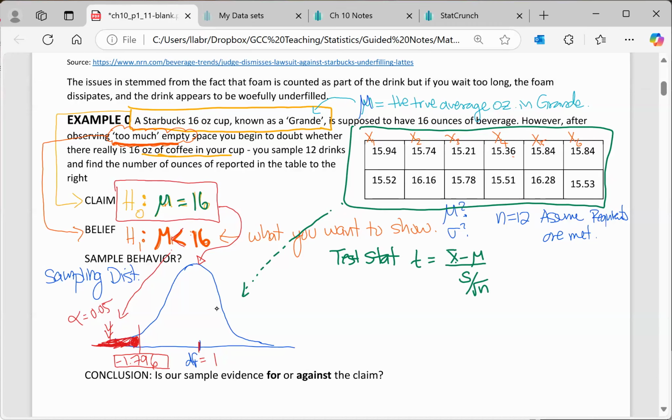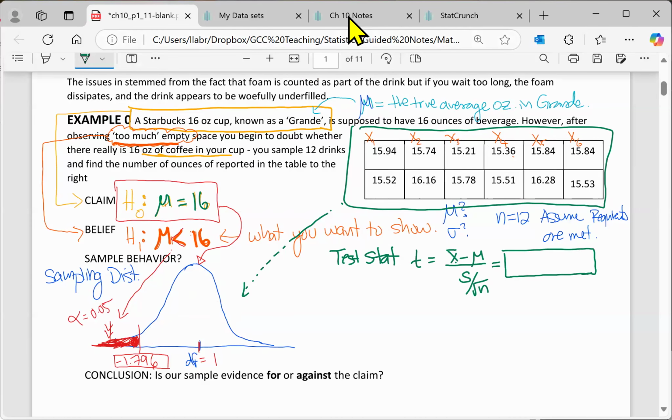Luckily for us, we don't actually have to do this by hand. We have StatCrunch. So let me just go ahead and show you how we can use StatCrunch to get this number. And then I'm going to go ahead and draw it in this figure. Okay, but notice that we essentially will always have two hypotheses, something that's claimed, something that we believe is true. You will always sketch the distribution that's relevant for your parameter, and you're going to label this region here. And then let's take a look at our sample.